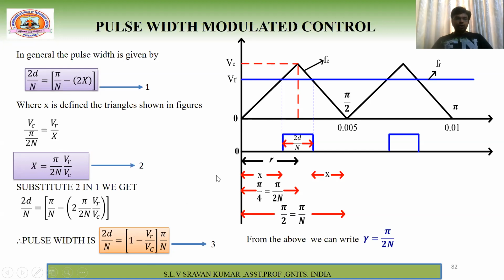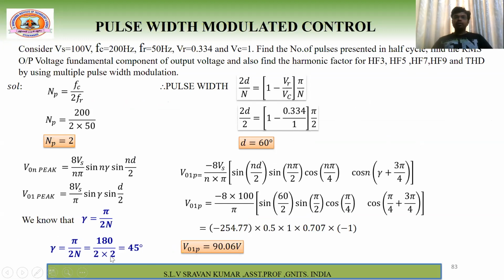Okay. So now we'll go for one problem to solve. Consider Vs equal to 100 volts, carrier frequency Fc is 200 Hz, Fr is 50 Hz, Vr is 0.334 and Vc is 1. Find the number of pulses in a half cycle, and find the RMS output voltage and the fundamental component of output voltage.